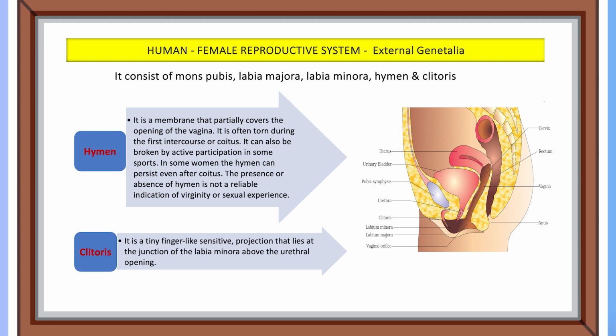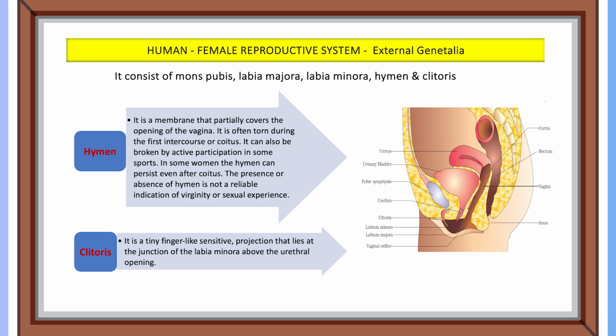It is often torn during sexual intercourse. It can also be broken by active participation in sports like horse riding or cycling, a sudden fall or jolt, and even hygienic practices like vaginal tampons. In some women, the hymen can even persist after the first sexual intercourse.